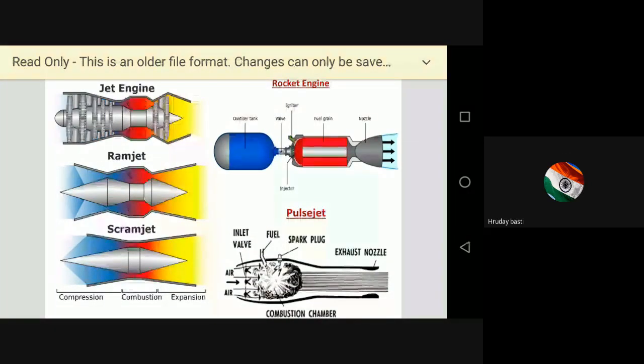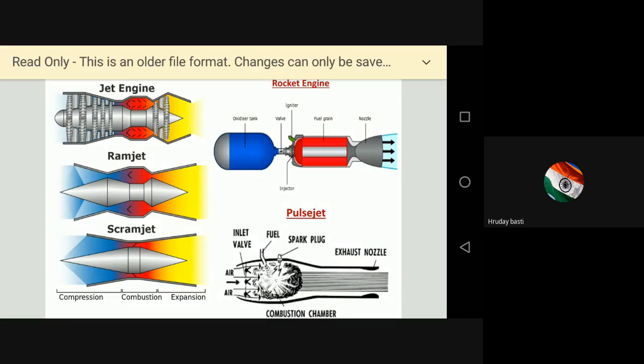If you see the applications, the majority of applications are in gas turbine engines or jet engines, because those work in the atmosphere at very low altitudes, and the scramjet or ramjet are still under research, and many applications we cannot see, or if they are there, like ramjet engines, they work in stages. Coming to the pulse jet, it produces thrust in steps.